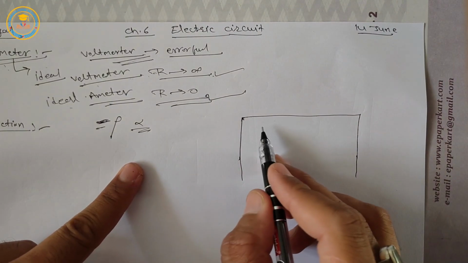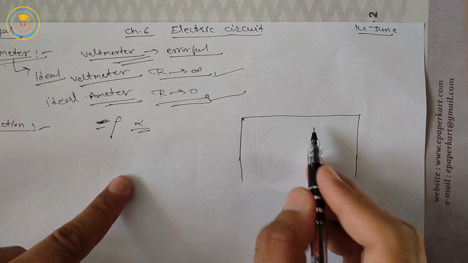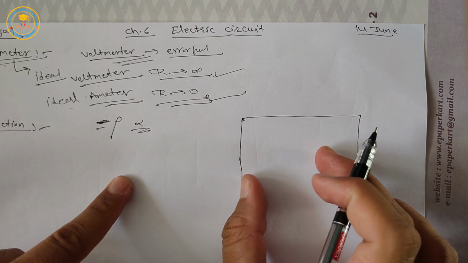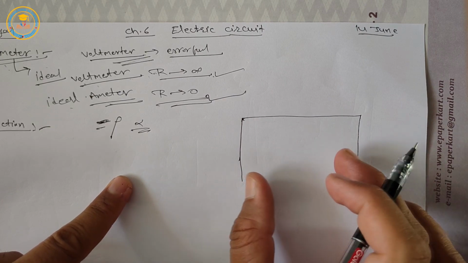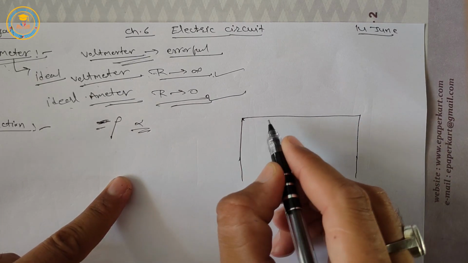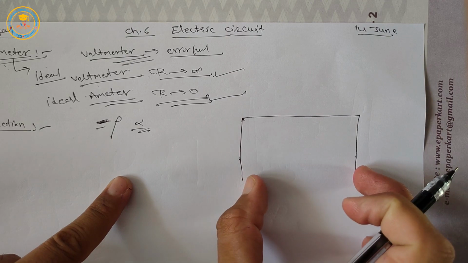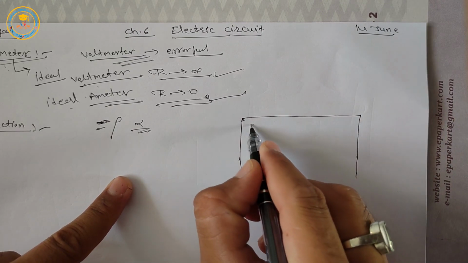This long wire is separated into 1 meter parts, and those parts are fixed on this wooden box in series like this.